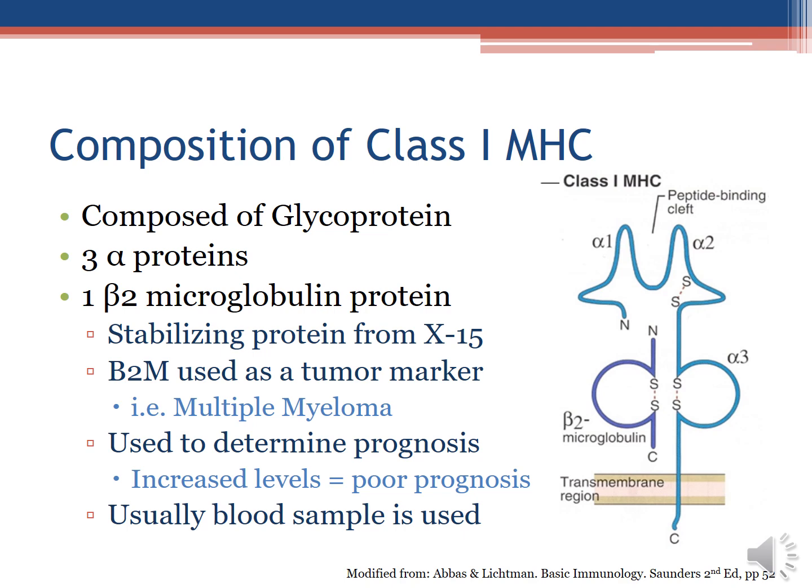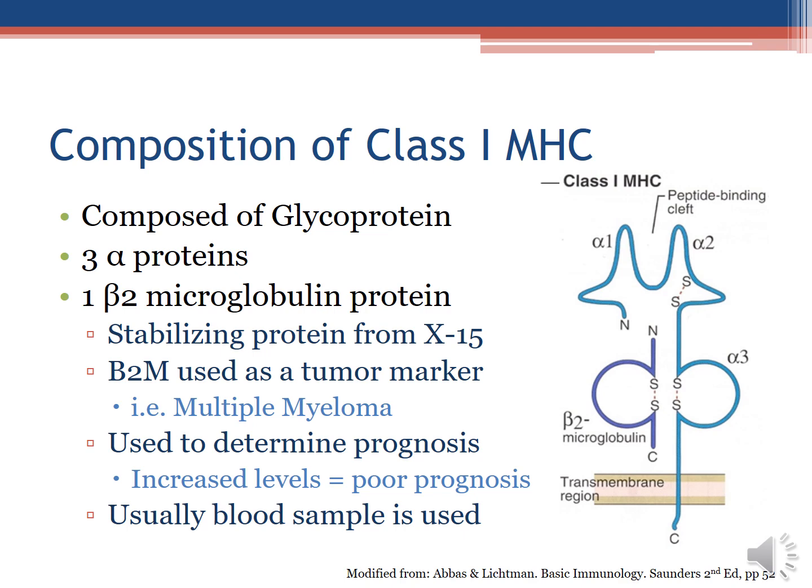Now, as I told you before, this beta 2 microglobulin protein is used to detect certain diseases. The main one would be multiple myeloma, so we could use beta 2 microglobulin as a tumor marker for multiple myeloma.